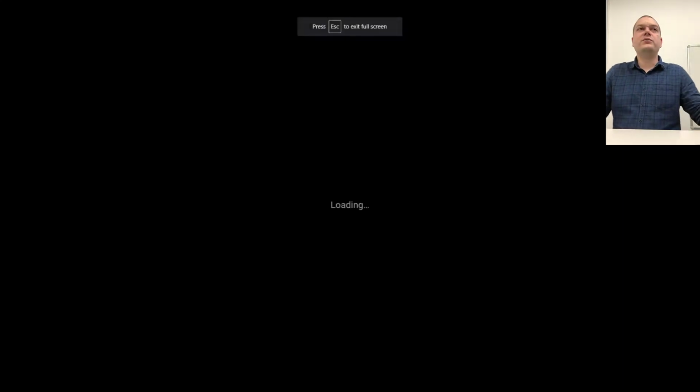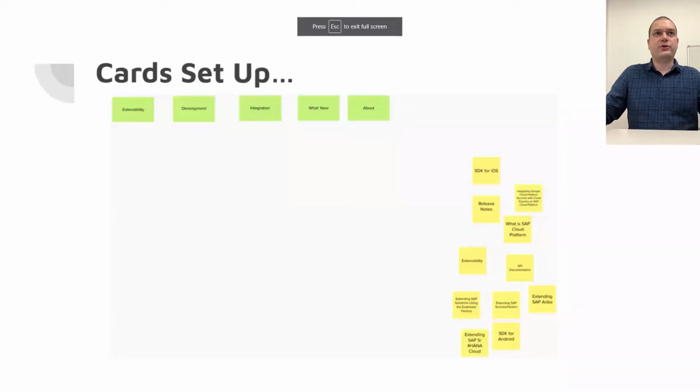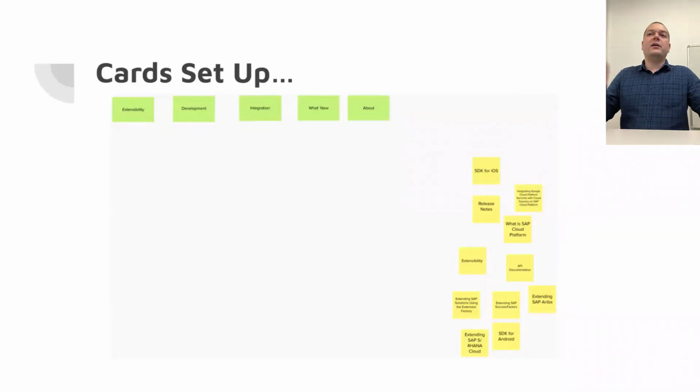In order to run this workshop, you're going to use the card sorting technique. You have already gone into Mural, and using sticky notes, you have prepared two sets of cards. The large cards on top are called extensibility, development, integration, what's new, and about.